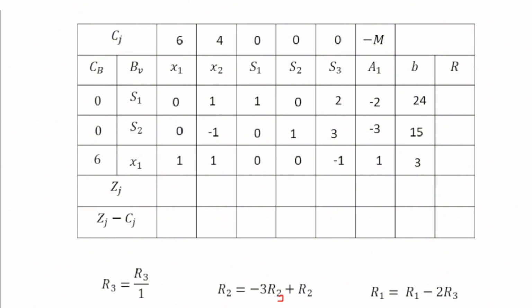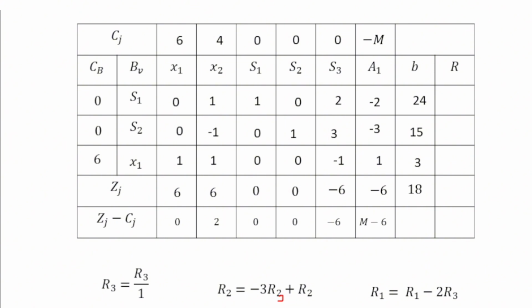Now I got my zj, I'm going to have 6, 6, 0, and like that to the end of that particular row. Then zj minus cj, I'm going to be subtracting them together. I'm going to be having 0, 2, 0, 0, minus 6, M minus 6.